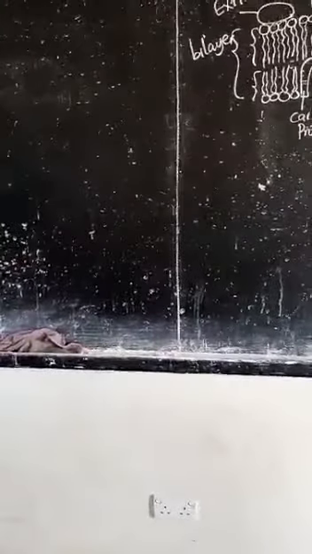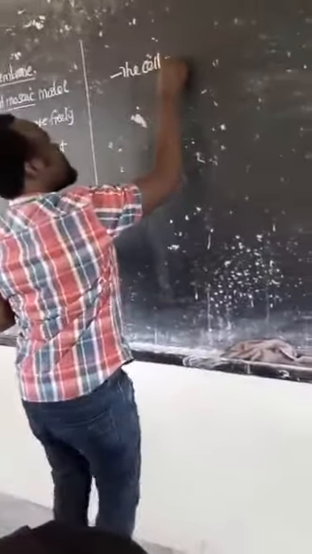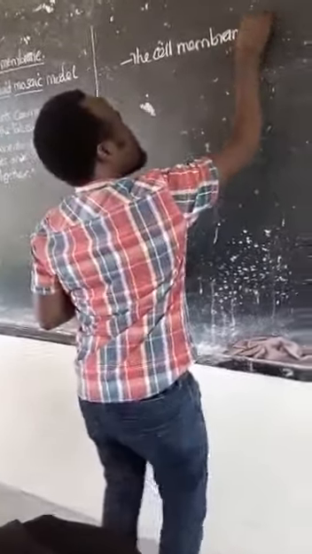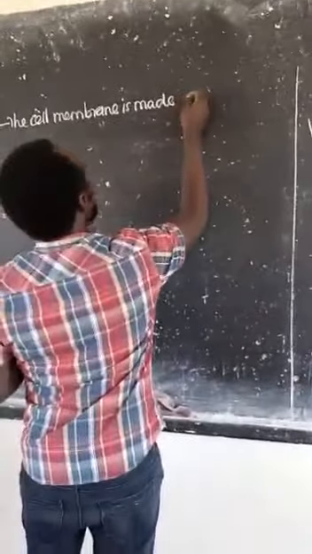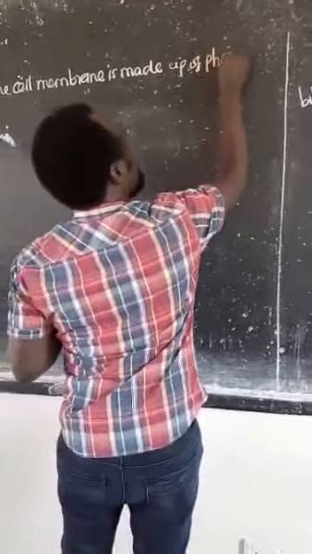Therefore, you can say the cell membrane is made up of a phospholipid bilayer.